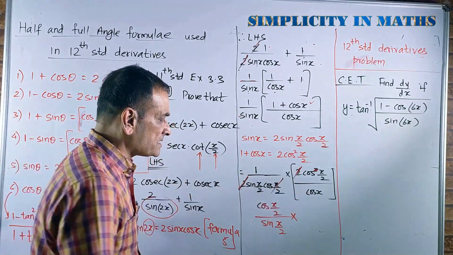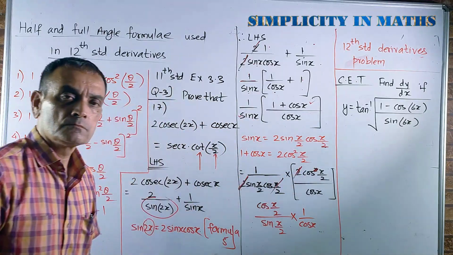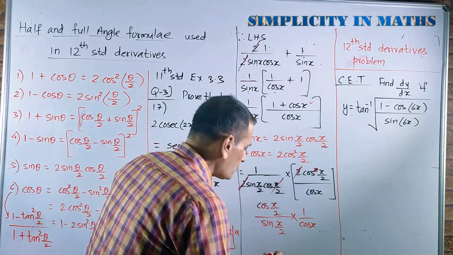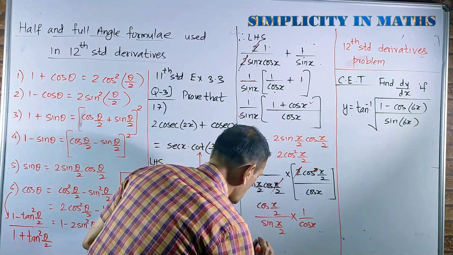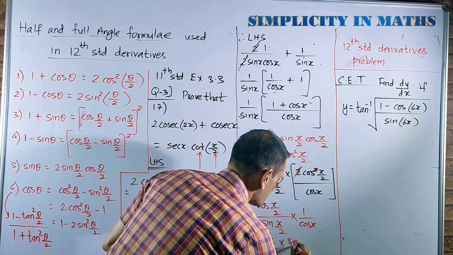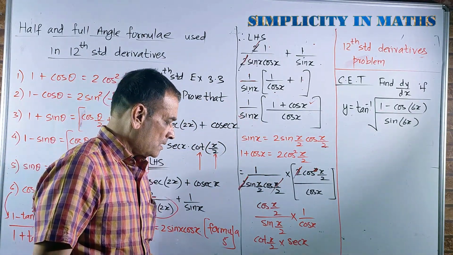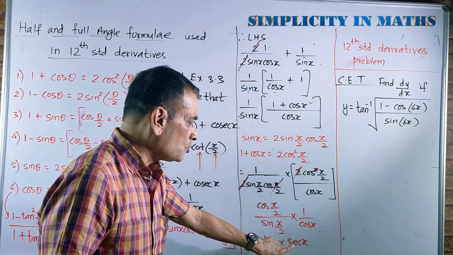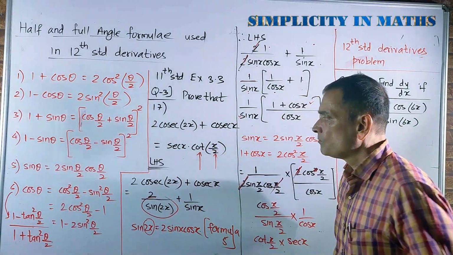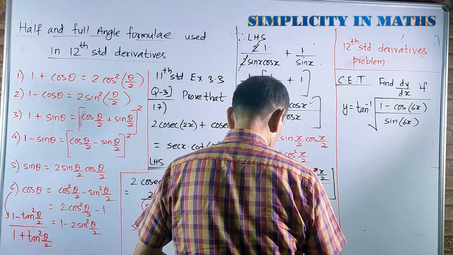What remains? 1 upon cos x. हो गया सम सॉल्व. cos x by 2 upon sin x by 2, cos upon sin is cot x by 2. 1 upon cos is sec, so cot x by 2 into sec x, which is what is required in the RHS. Sec x into cot x by 2. That is our RHS.